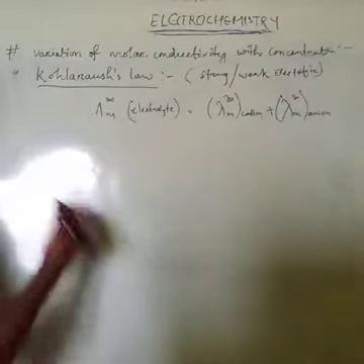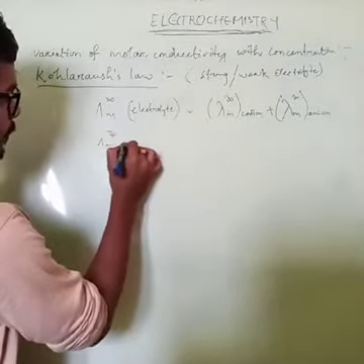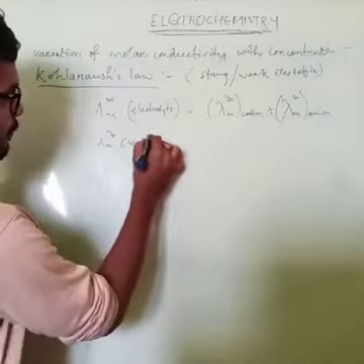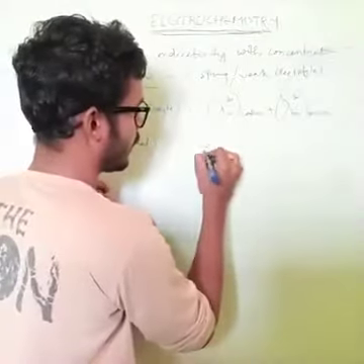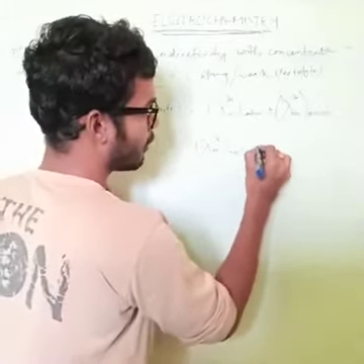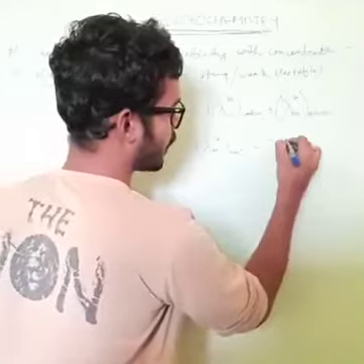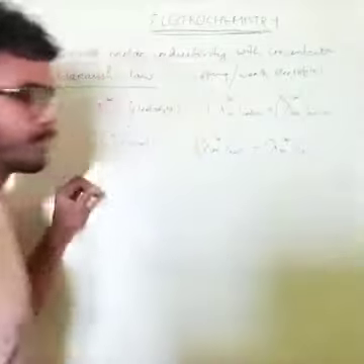That means, suppose NaCl is given. For NaCl, it equals lambda m infinite of Na plus ion plus lambda m infinite of Cl minus ion.